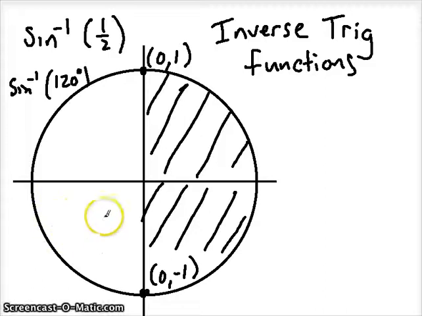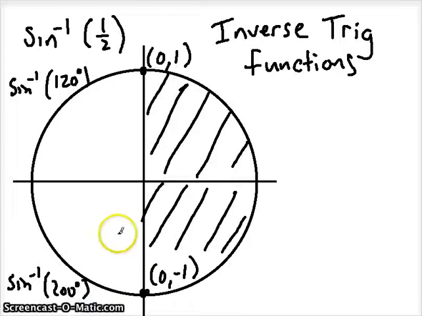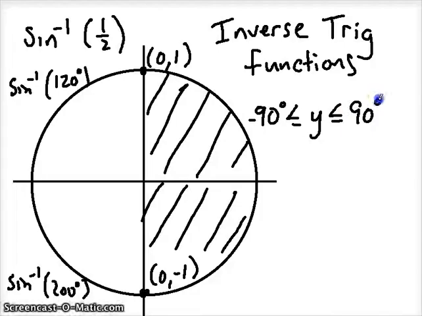Also, if you were to try and take the inverse sine of any angle that would be over here, that would be more than 180, in between 180 and 270. So if you tried to take the inverse sine of, let's say, 200 degrees, again, it would give you an error or undefined. So the only possibilities for inverse sine are in between -90 degrees and positive 90 degrees.